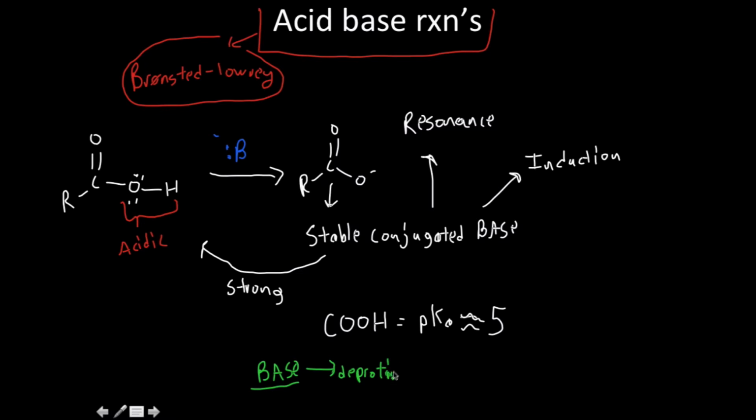For a base to steal a proton from that, the conjugate acid has to have a higher pKa value, because that's going to push equilibrium in the forward direction.